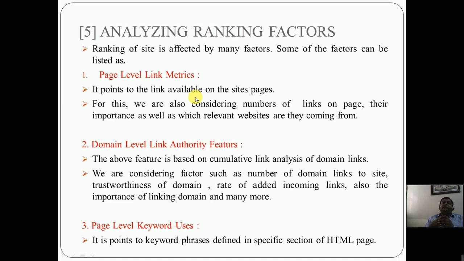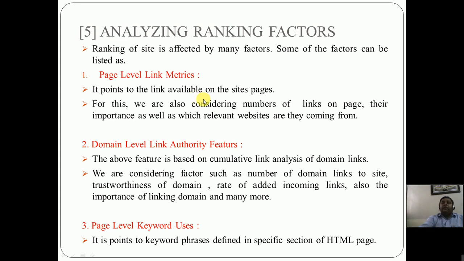The links available on the site pages are an important part of the metrics. For this, we also consider the number of links on a page, their importance, as well as which relevant websites they are coming from.